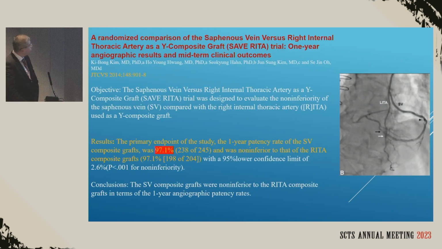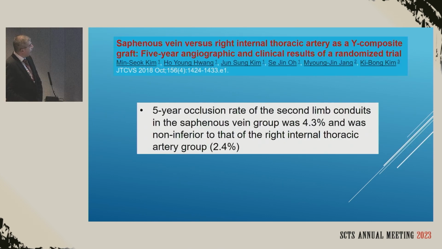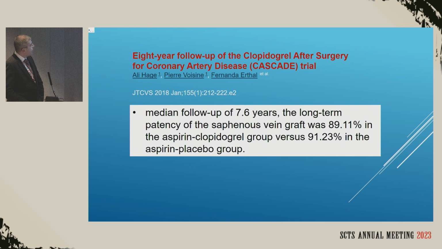This is a South Korean group, Kim, who showed that actually a Y vein graft can do as well as a radial graft, because of course it benefits from the eluting effects of the LITA graft, the inflow. And again, this has been shown in longer-term follow-up, with very good results.